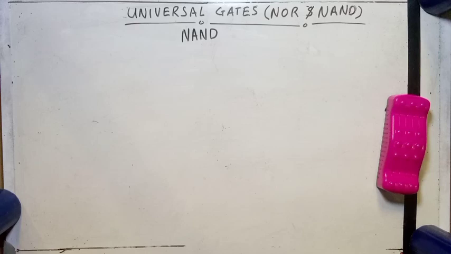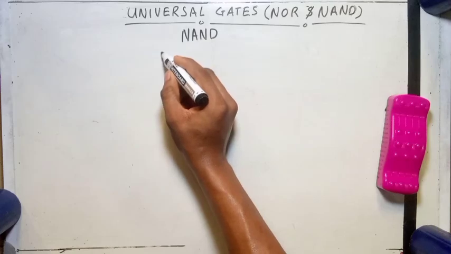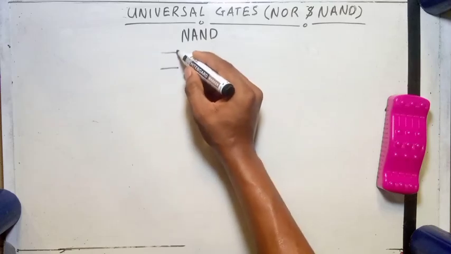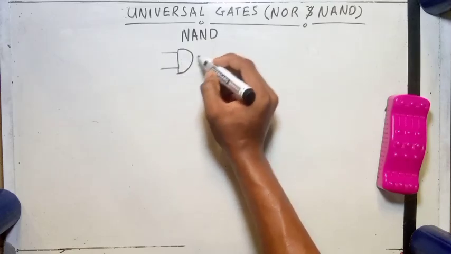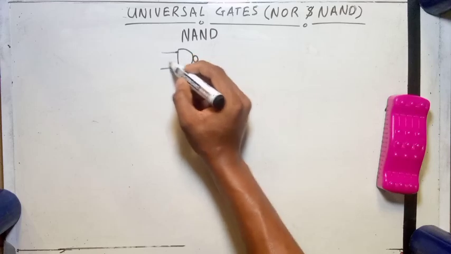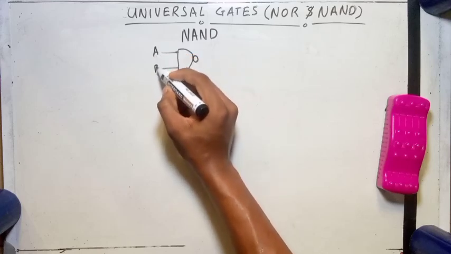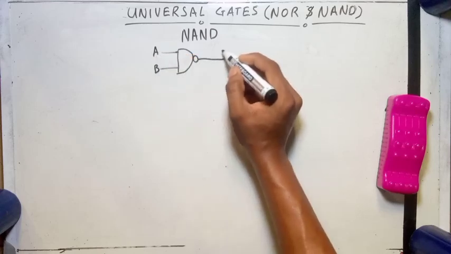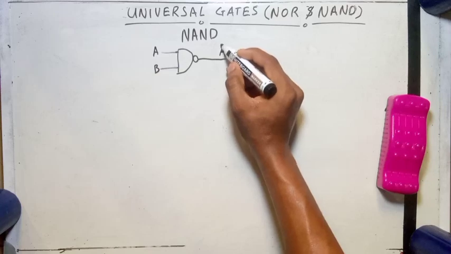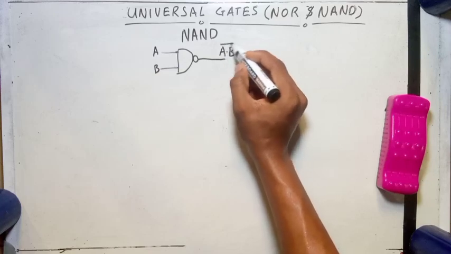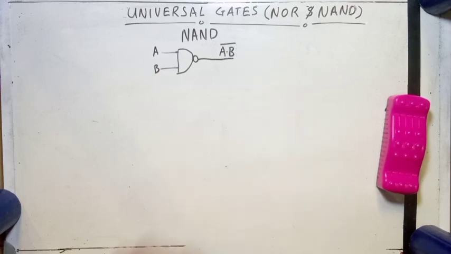Okay, let's start. Our NAND, you know that this symbol is this. This is for 2 inputs NAND. We have the output A dot B all bar. This is what our output is meant to look like.